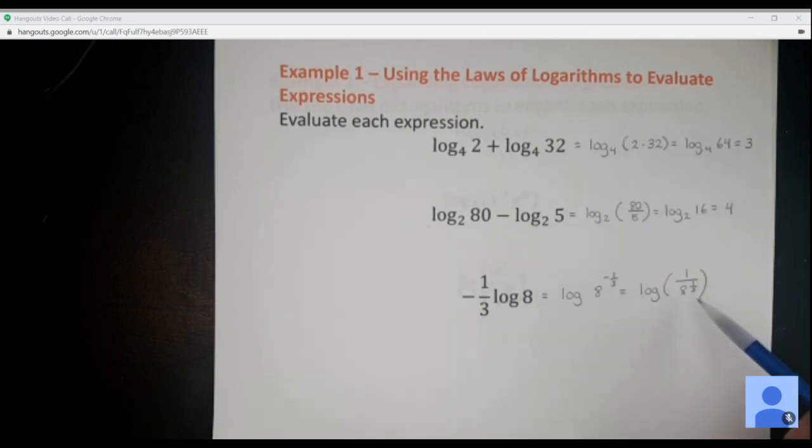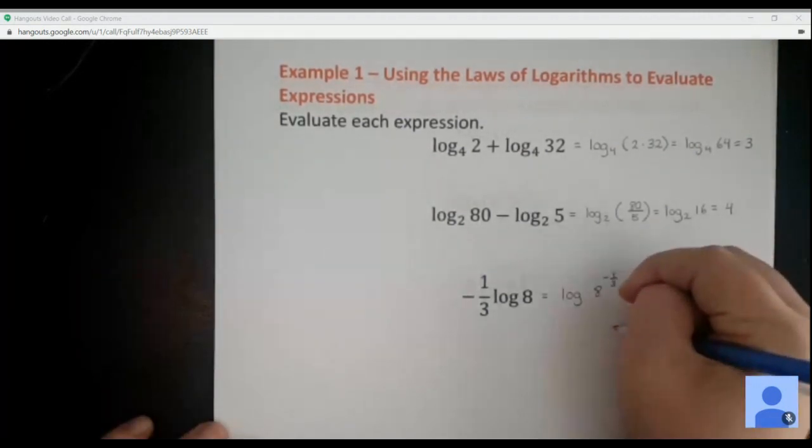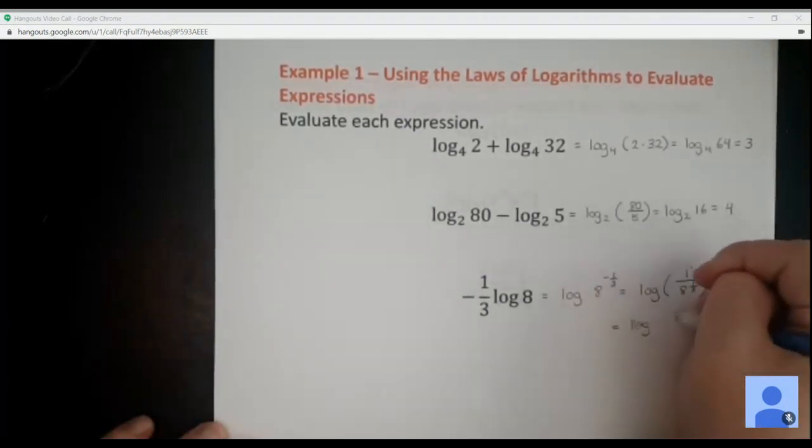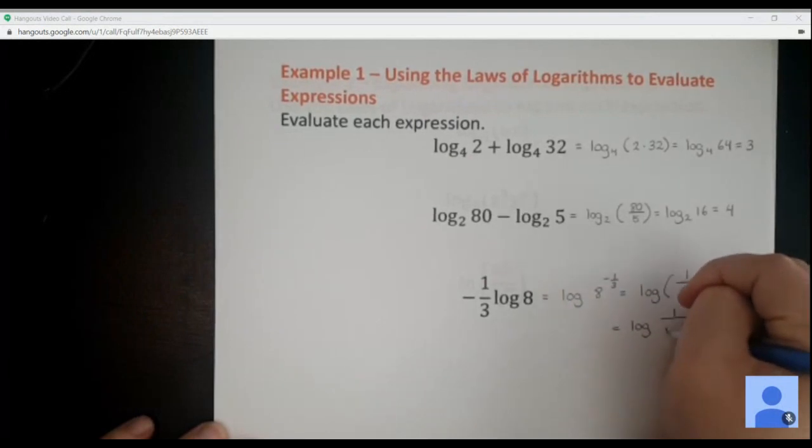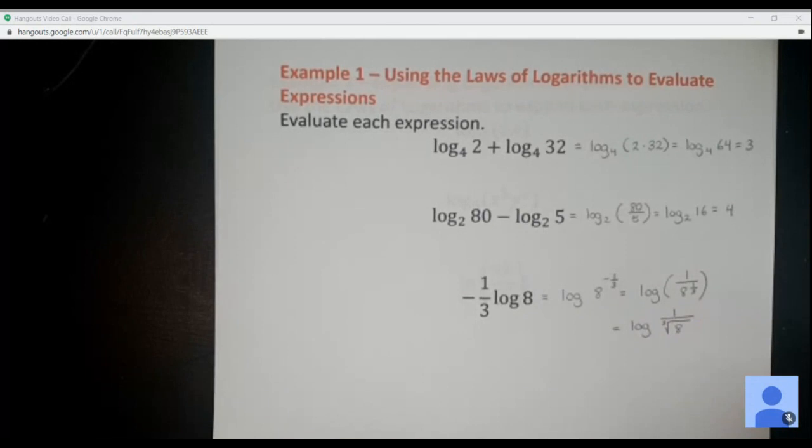What if that was a 1/2 power? What's raising something to the 1/2 power the same thing as doing? Square root, right? So if this is a 1/3 power instead, what do you think that means? It's a cube root instead, right? So we can change this now to the log of 1 over the cube root of 8.